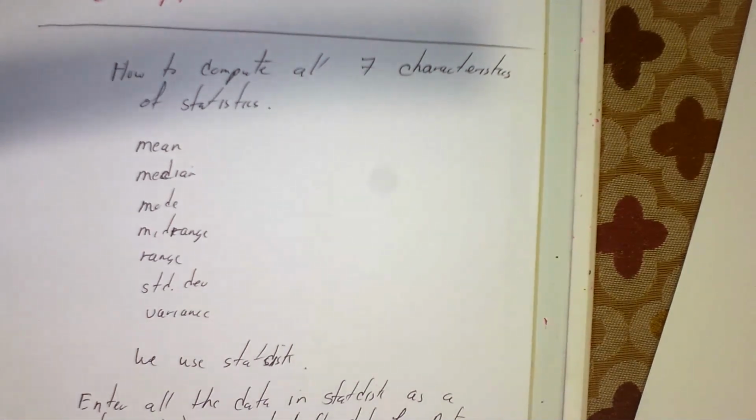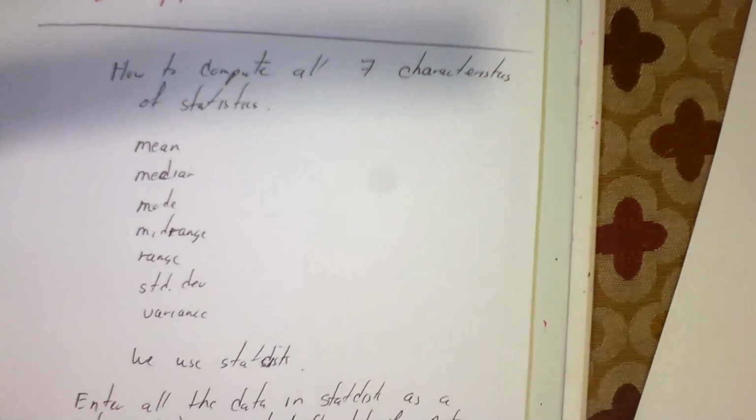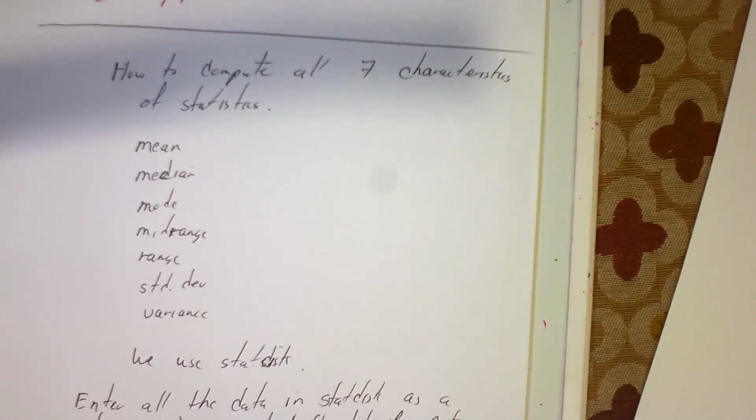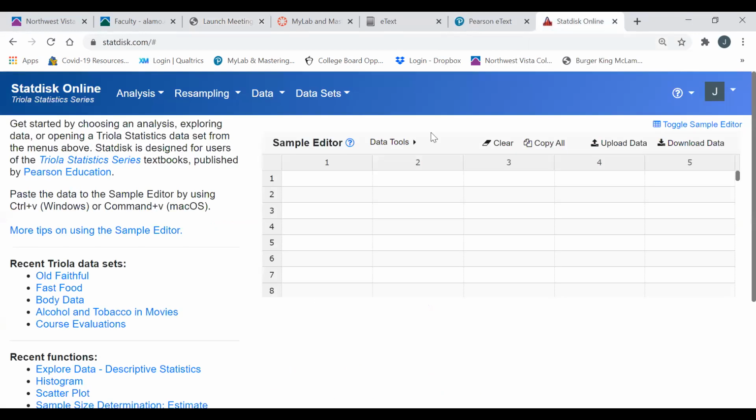So I'm going to open up StatDisk. Okay, and let's pick a problem.